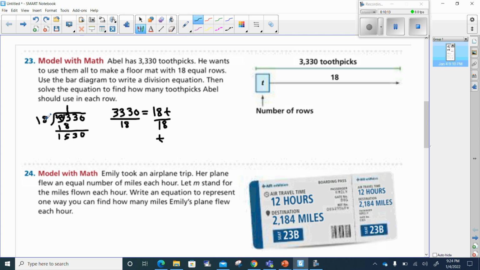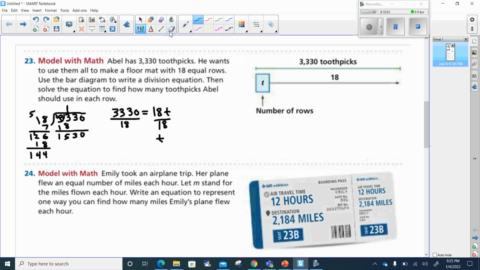I'm not quite sure, but I'm going to go with 7 times first. 18 times 7 would be 126. Well, what if I added 18 more and made it 8? That would give 144. So it would be 8 and not 7.